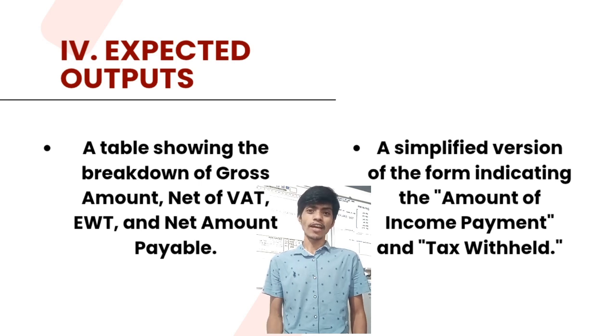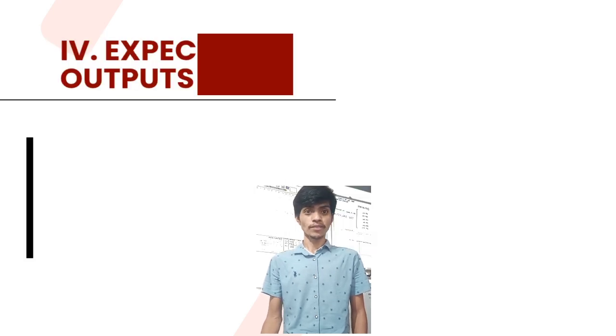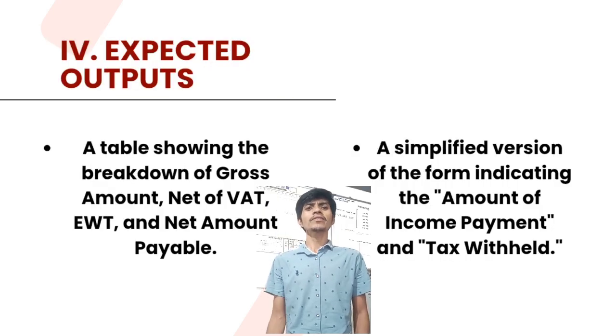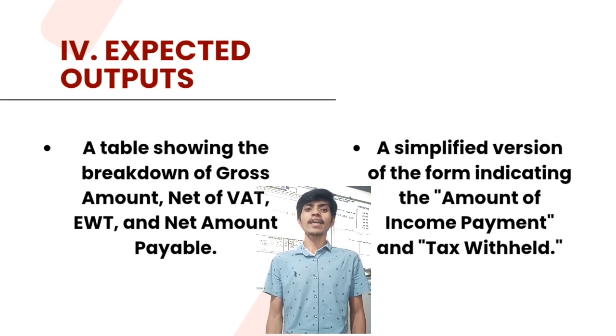For the expected outputs: a table showing the breakdown of gross amount, net of VAT, EWT, and net amount payable, and a simplified version of the form indicating the amount of income payment and tax withheld.